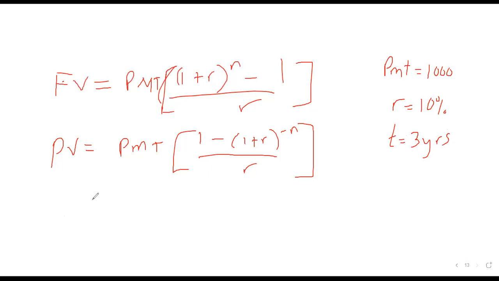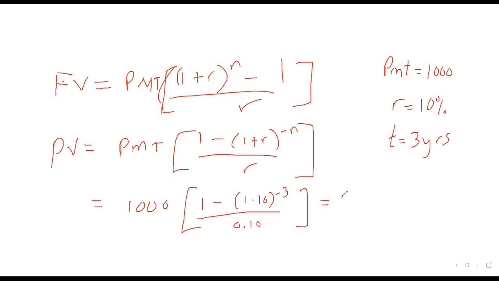So for the present value annuity, put 1,000 kwacha here, and here we put 1 minus 1.10 to the power negative of 3, everything over 0.10, which is the interest rate.